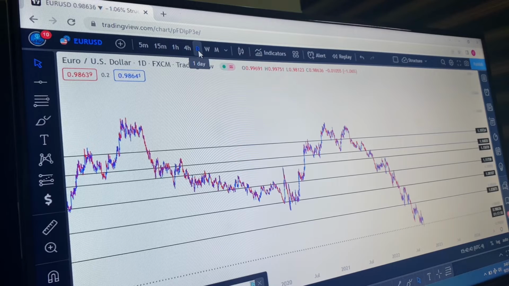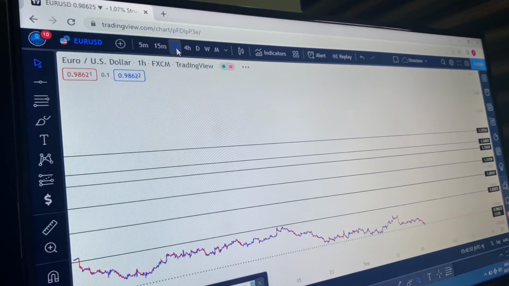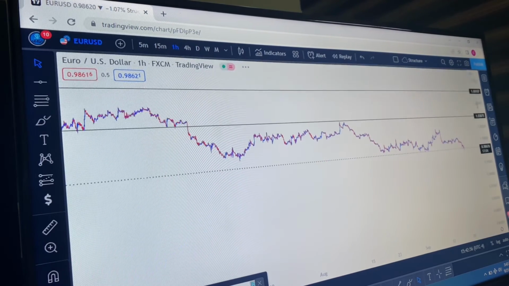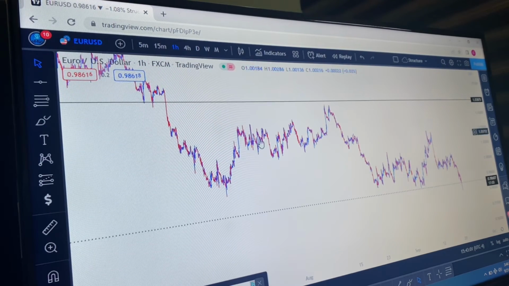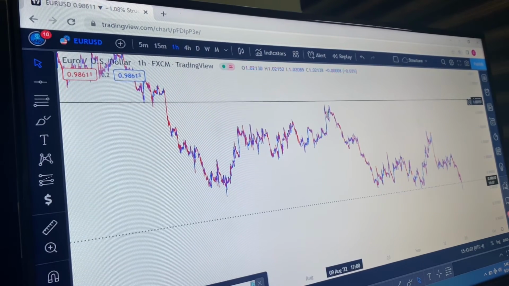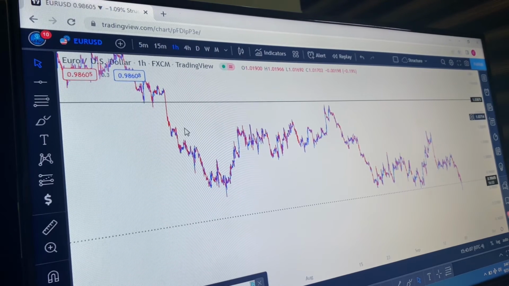The same level of support and resistance that we can see on this bigger time frame, if I go to the 1 hour time frame now, as you can see, you can still see the same level. We still have the same level of support and resistance. It is normal for every time frame.